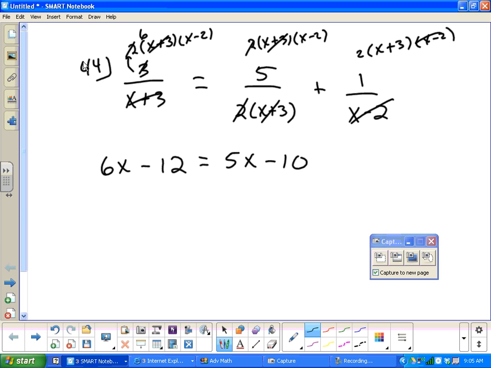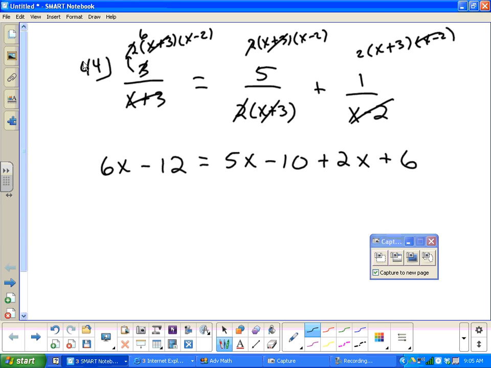And 2 times x plus 3 would be 2x plus 6. Now, if you make it here correctly, chances are you're going to get it from here. It's probably just getting it to that point. Did y'all find a mistake somewhere when you were doing that one?